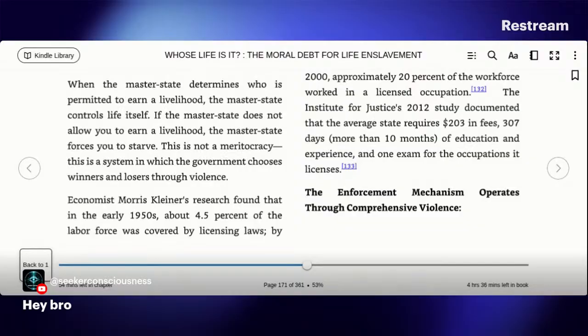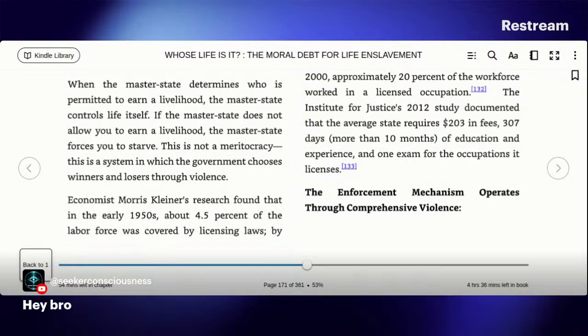This is not a meritocracy. This is a system in which the government chooses winners and losers through violence. Economist Morris Kleiner's research found that in the early 1950s, about 4.5% of the labor force was covered by licensing laws.